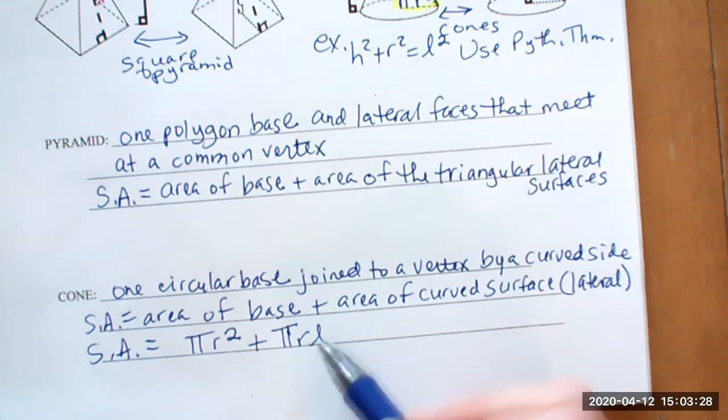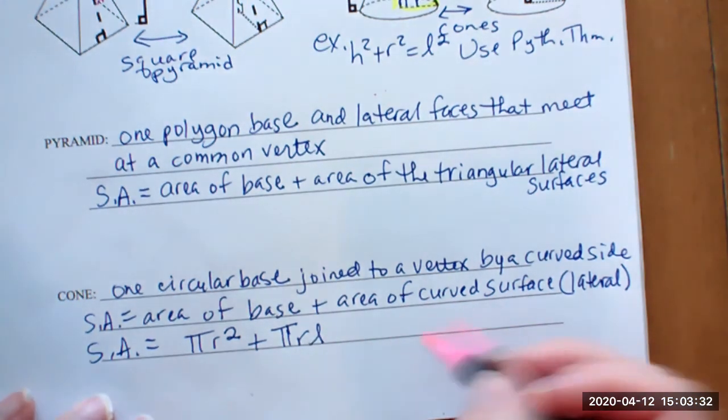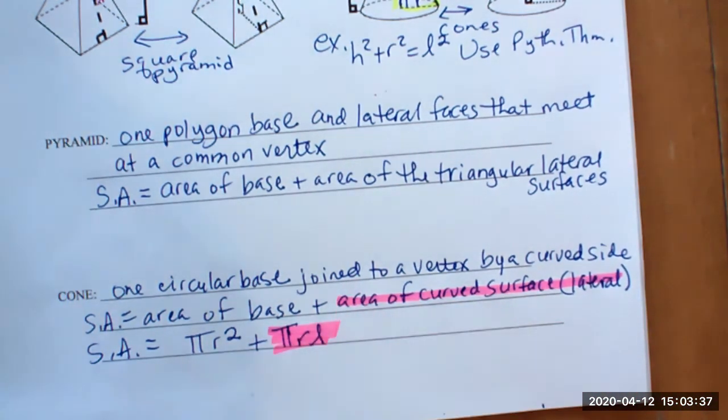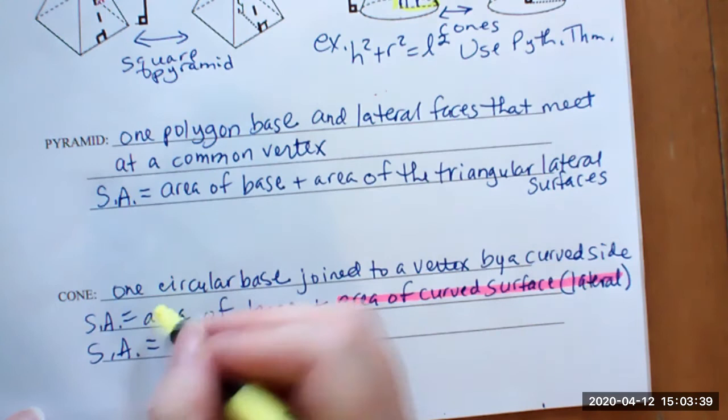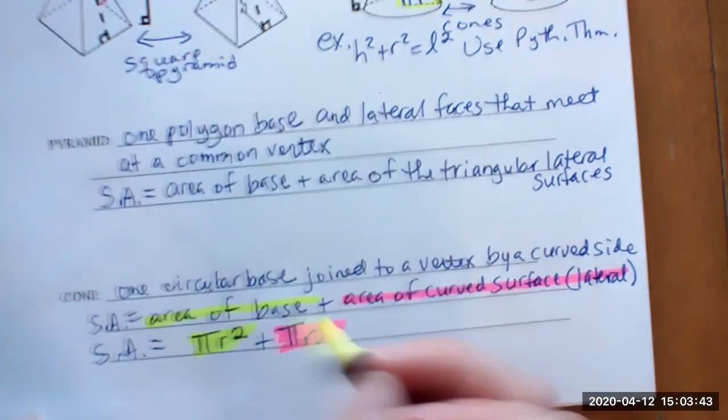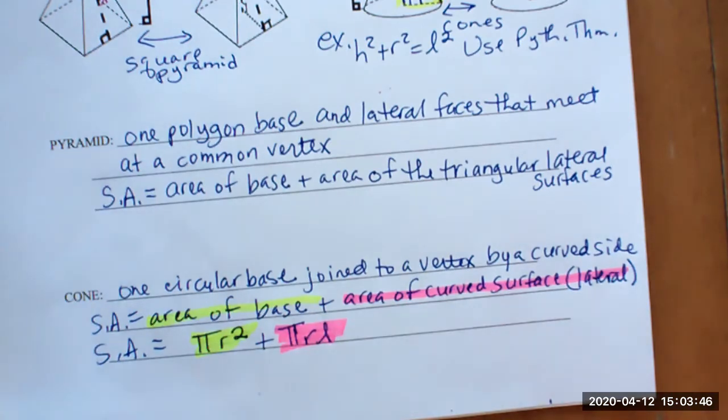But for right now, we're just going to accept that, okay? So I'll highlight that so we make sure we know what goes with what. So the area of the curved surface, the lateral area, is this portion, and the area of the base is this portion. Okay, so you don't want to confuse that with the area of a cone.